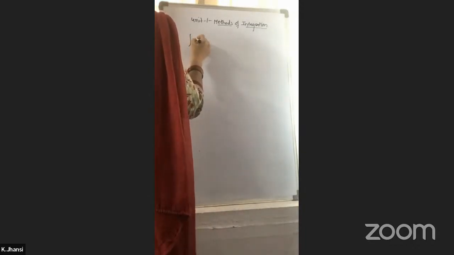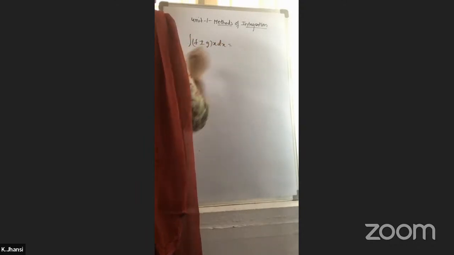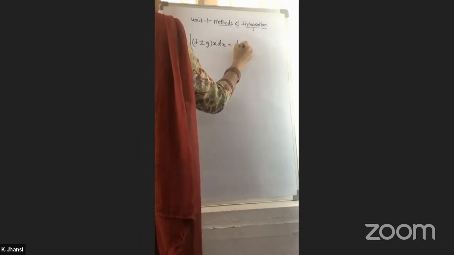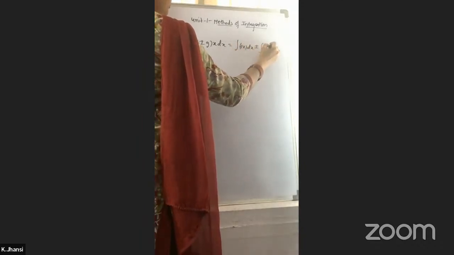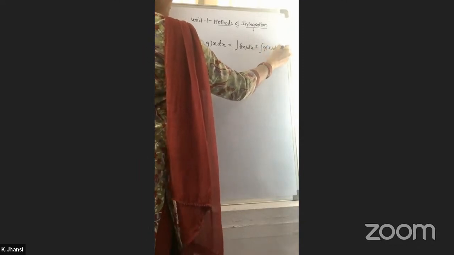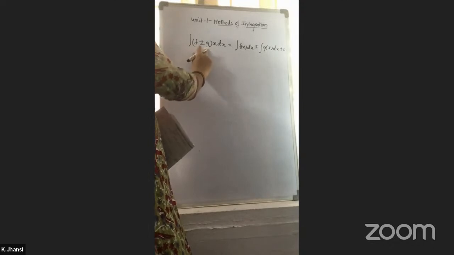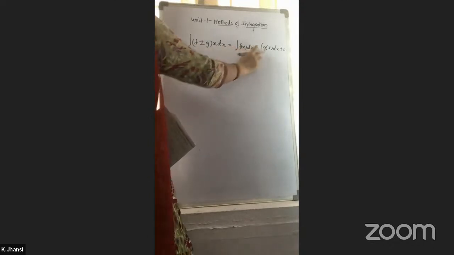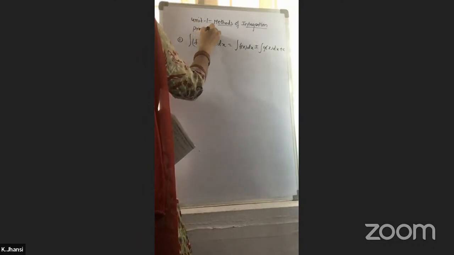That is, integration of f plus or minus g of x into dx is equal to integration of f of x into dx plus or minus integration of g of x into dx plus c. So if 2 functions, it may be logarithmic or it may be trigonometric function, then this is the one property.